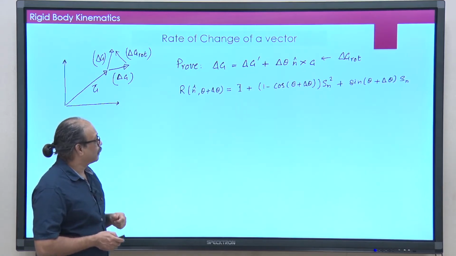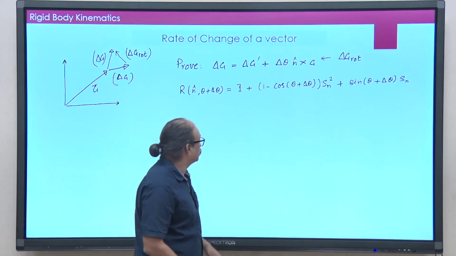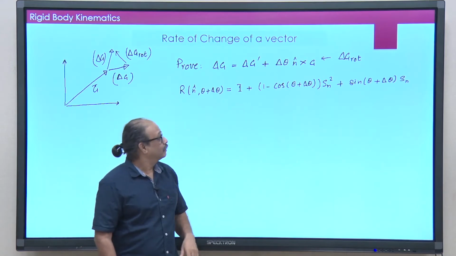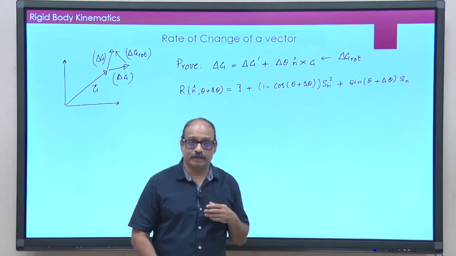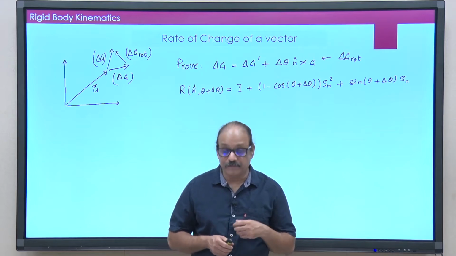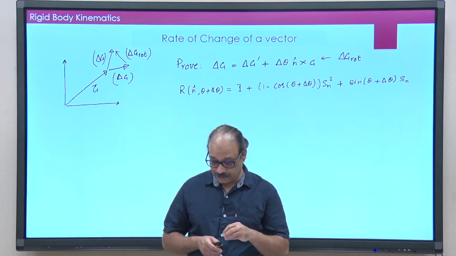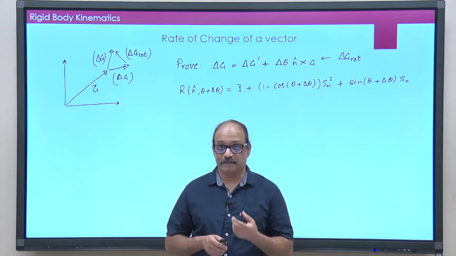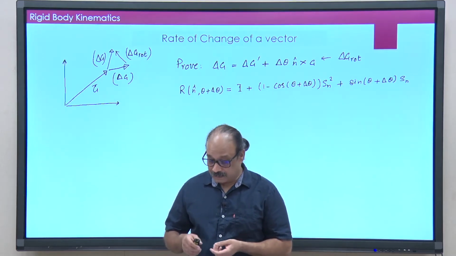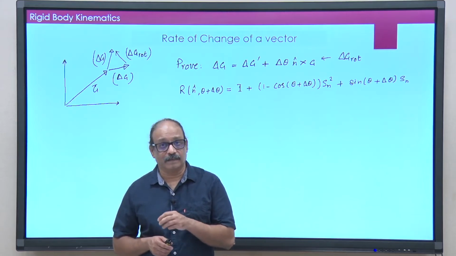Right. Now, let me look at the rotation part. I will use the Rodrigues formula, it is identity plus 1 minus cos theta plus delta theta into Sn square plus sin theta plus delta theta into Sn.